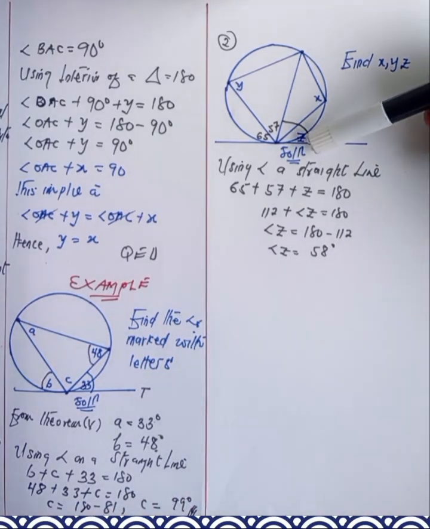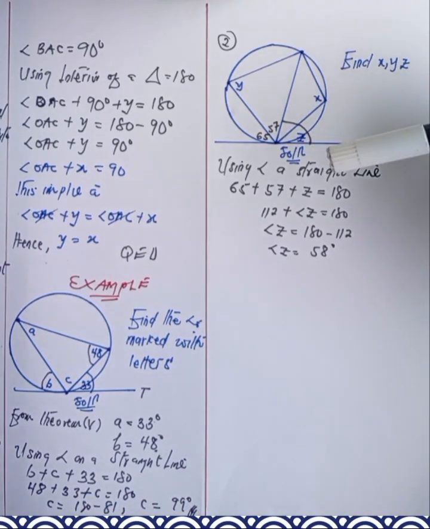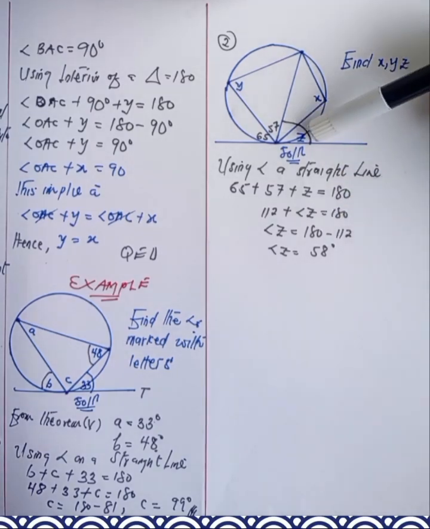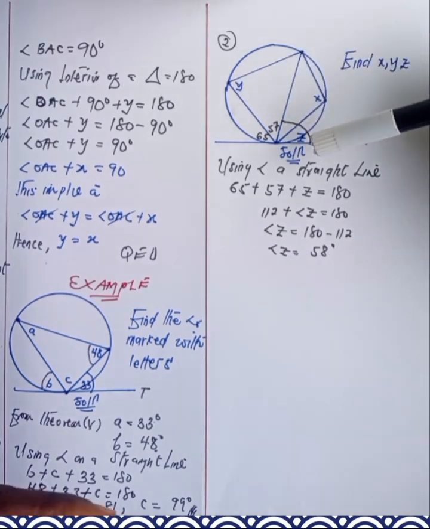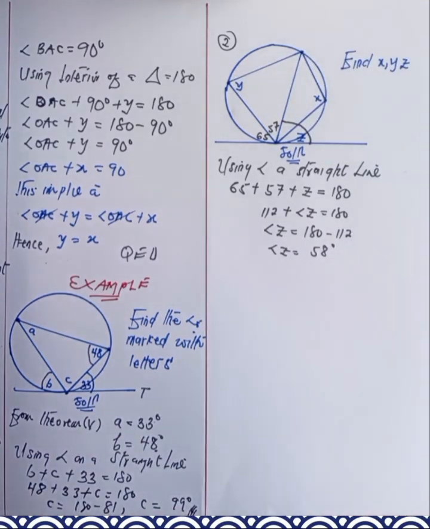Now that we know z, we can apply the alternate segment theorem, which says that the angle the tangent makes with a chord is equal to the angle in the opposite segment. Therefore we can say that z is equal to y.